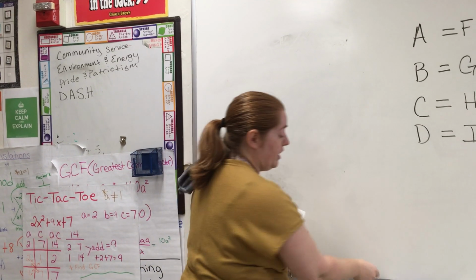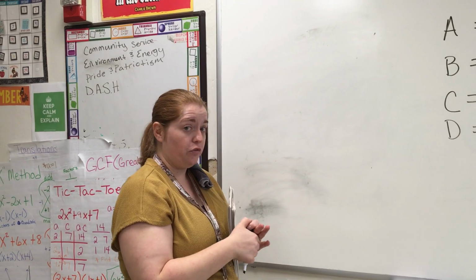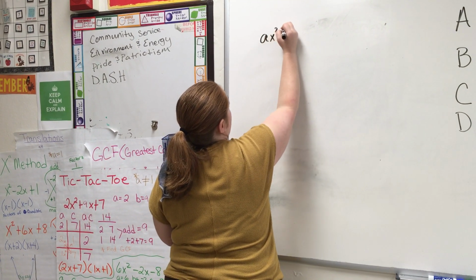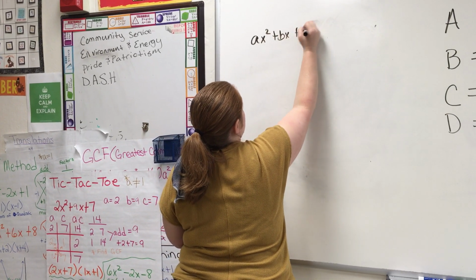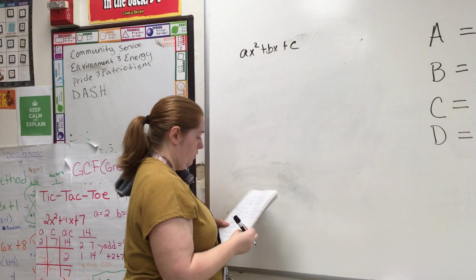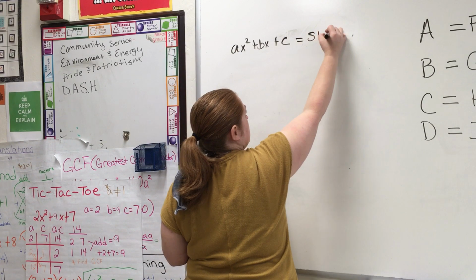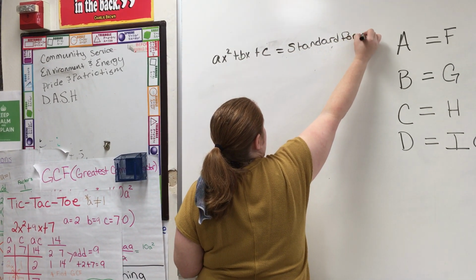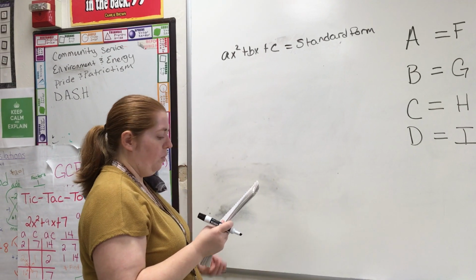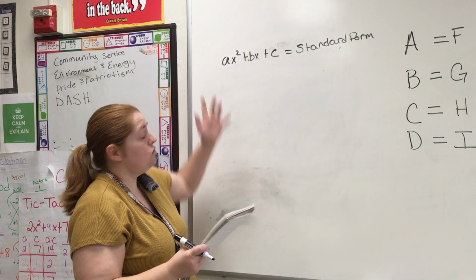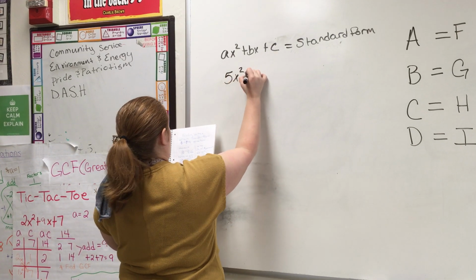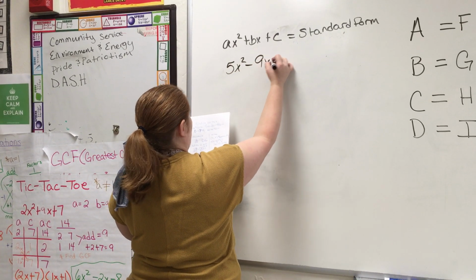However, what do we do when we're finding the vertex from standard form? Remember, standard form is in the form of ax squared plus bx plus c. Well, normally we've been going through and graphing on your calculator.